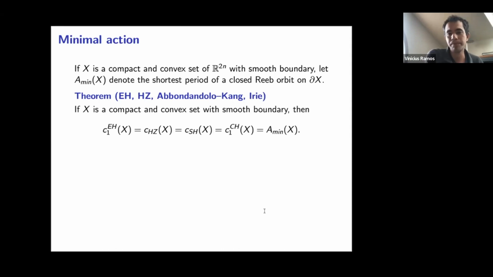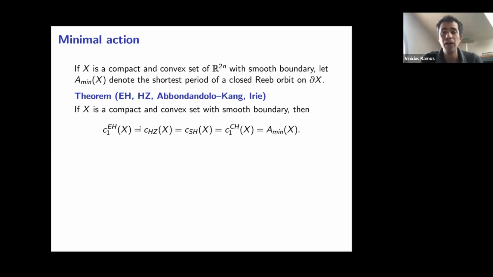And a bunch of people proved that different of these capacities coincide with this minimum action. So I guess the first result, by Ekeland, Hofer and Zehnder, they showed that the first Ekeland-Hofer capacity coincides with this minimum action for convex sets, and a few other ones.